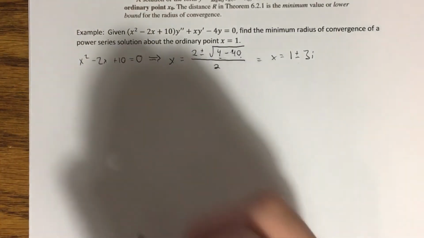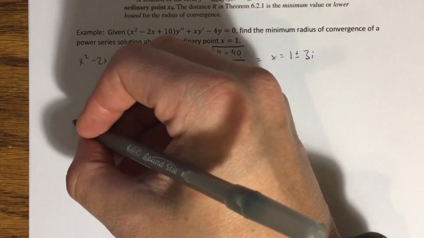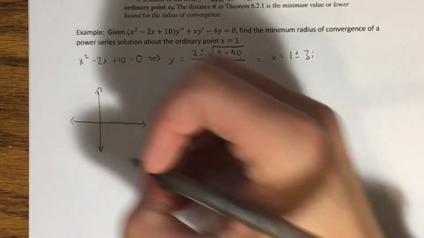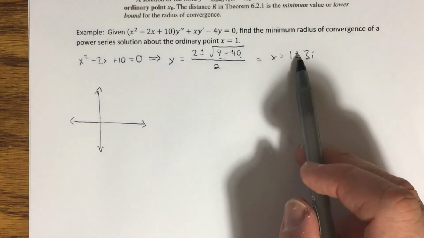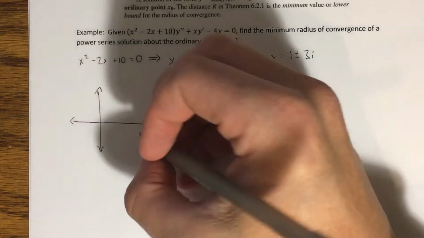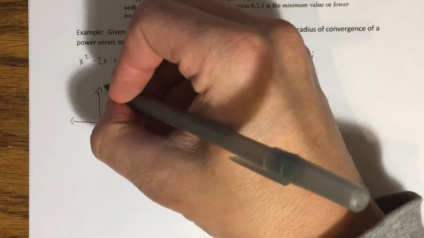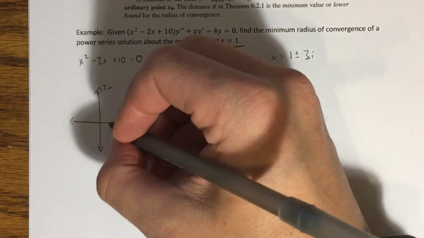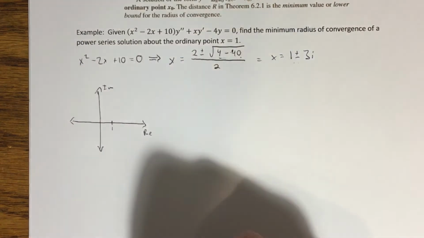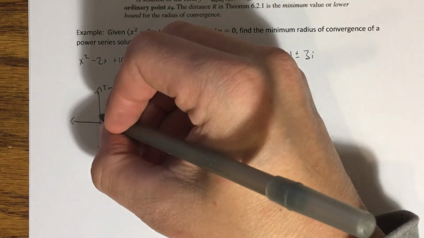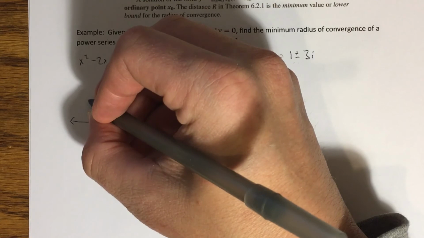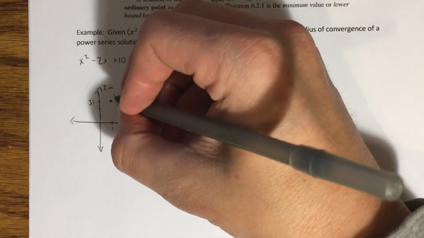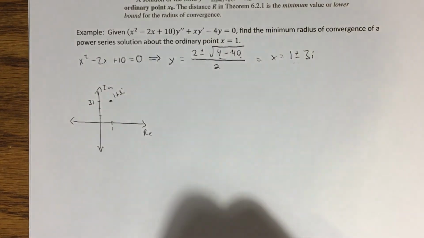So if you remember how we looked at complex numbers in the complex plane, we can graph them, right? Where do 1 plus or minus 3i live? Well, this is my real axis, and this is my imaginary axis. And the point 1 plus 3i, I would find 1 on my real axis, 1, 2, 3. 3i on my imaginary axis, and that would be the point 1 plus 3i right there.